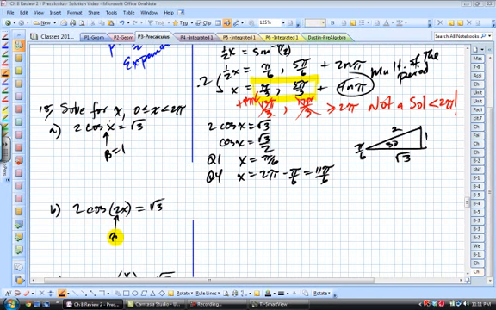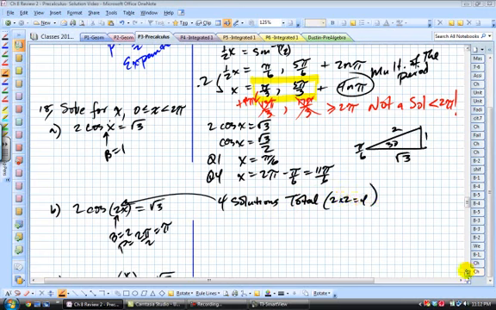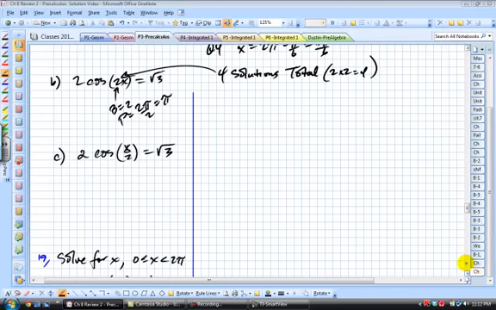Alright, when b is equal to 2, the period is 2 pi divided by 2, or pi, so it's contracted. We have 4 solutions here. I can tell looking at it that I have 4 solutions total, 2 times 2 is 4. Alright, so let's find them.